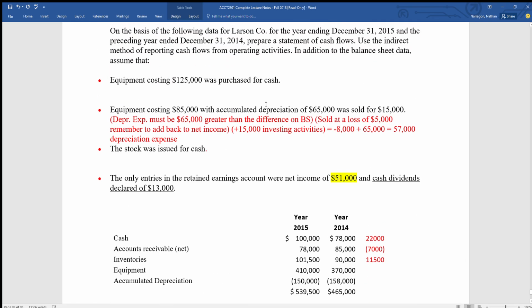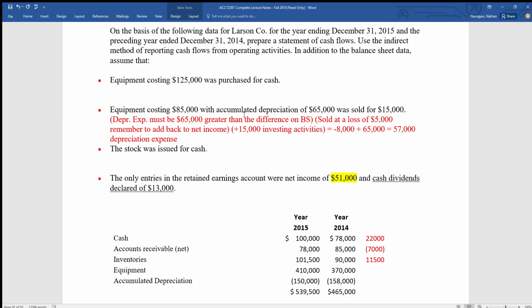That's our first thing. This one really says only accumulated depreciation. So depreciation expense must be 65,000 greater than the difference on the balance sheet. All we know is that it was sold for a loss. So we don't actually have the information for depreciation.